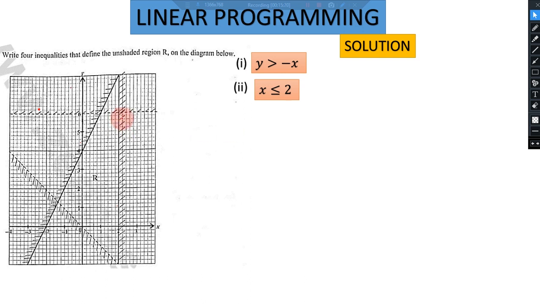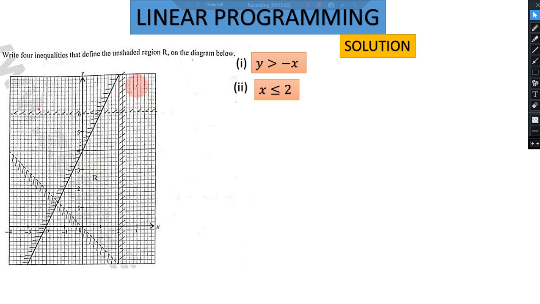Now for vertical lines, if it has been shaded on the right, it means you use a sign which is less than. If the wanted region is facing the negative side, that means less than. If it was shaded on the left side, we would use the greater than.